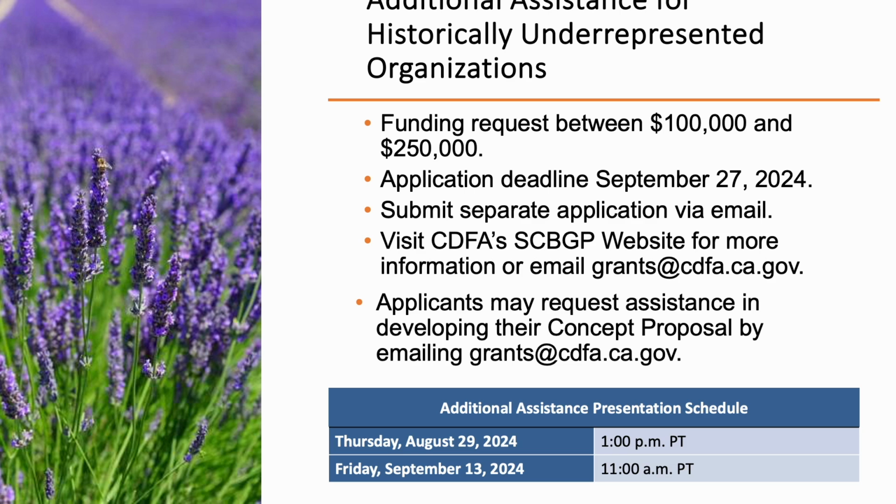CDFA is hosting separate presentations via Zoom to go over the Additional Assistance Program in more detail. We recommend attending one of these webinars for those considering applying to the Additional Assistance Program. Again, we would like to encourage interested applicants to email grants@cdfa.ca.gov as soon as possible to begin receiving one-on-one assistance in the form of email, phone call, or video call.